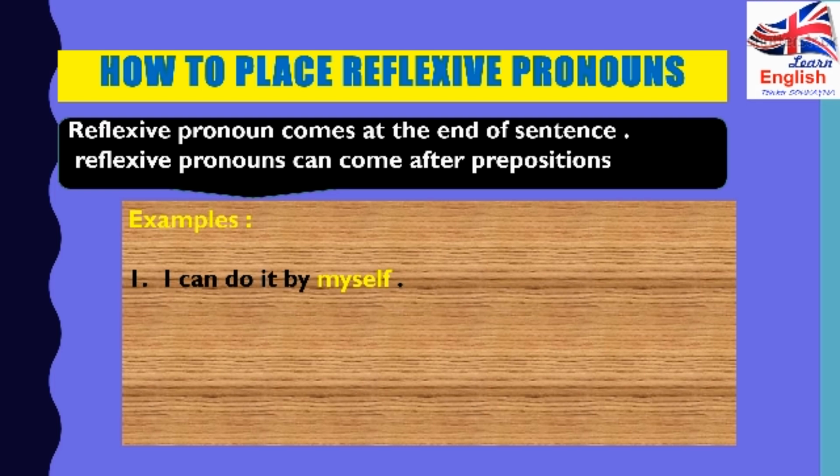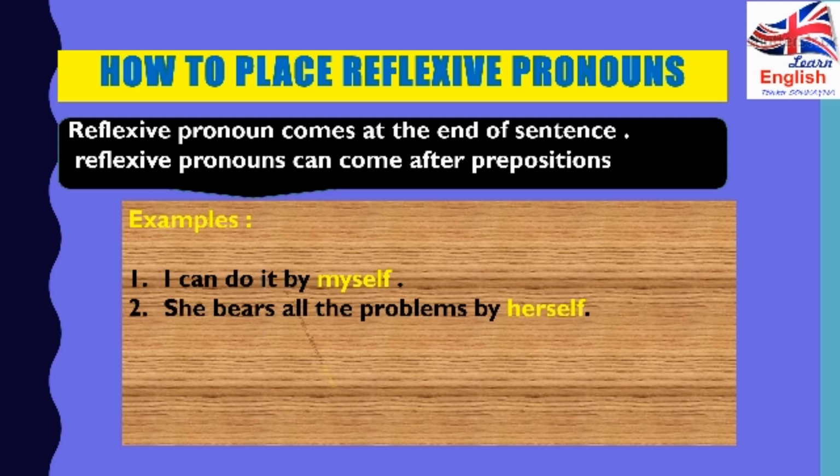It is a reflexive pronoun. Let's see the second example. She bears all the problems by herself. Herself refers to she, and herself here comes at the end of the sentence, as you see.